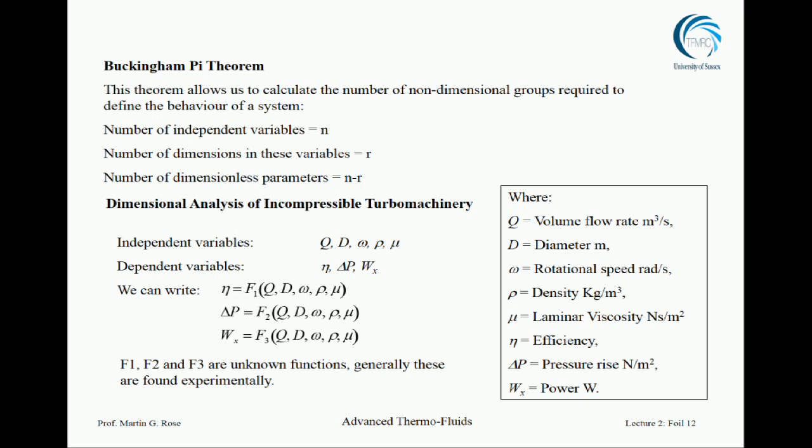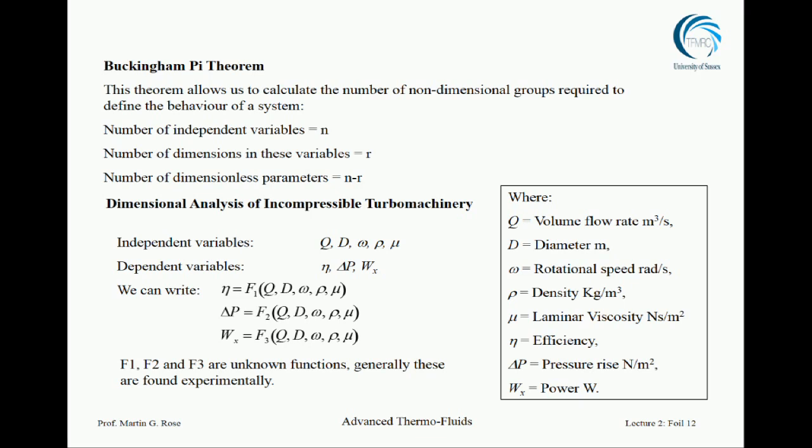The efficiency is a dimensionless concept, so it stands without any further adjustment. If we want to do the analysis for the pressure rise and the work, we need to non-dimensionalize those, which later on in this presentation I'll at least show you the non-dimensional form of the pressure rise.